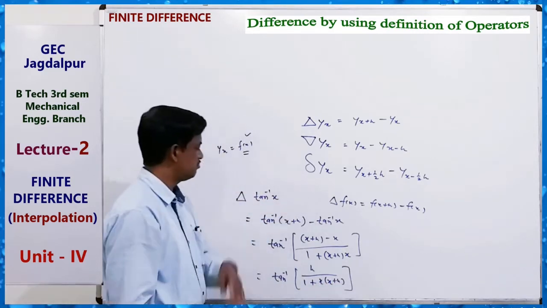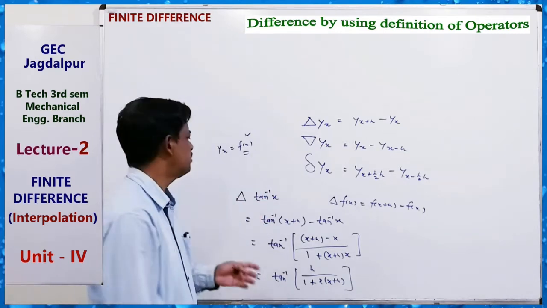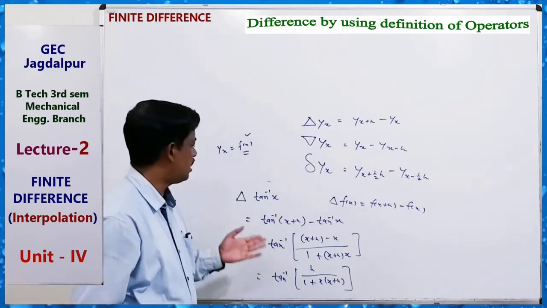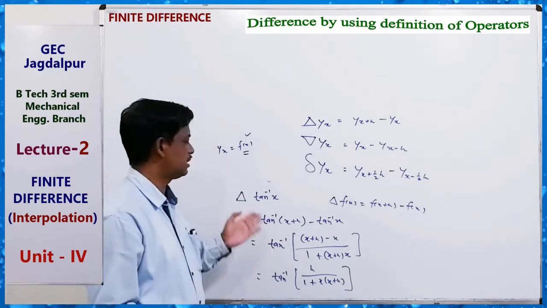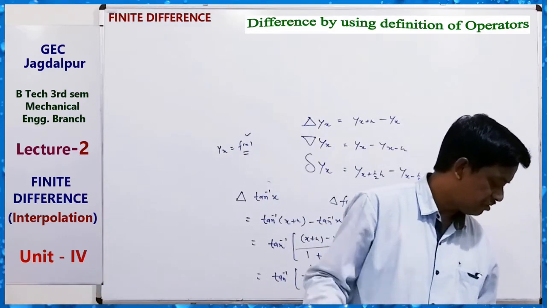This is the first forward difference of tan inverse x. There may be different types of functions, and it may be asked to find the first order, second order, or third order difference. This type of difference we can find.